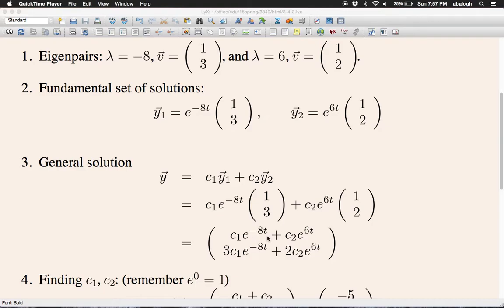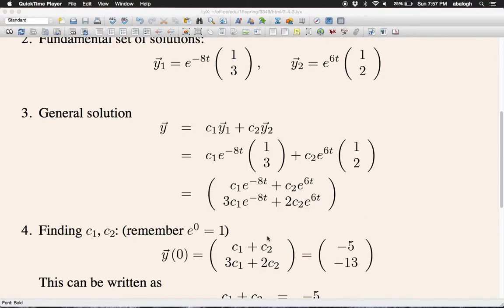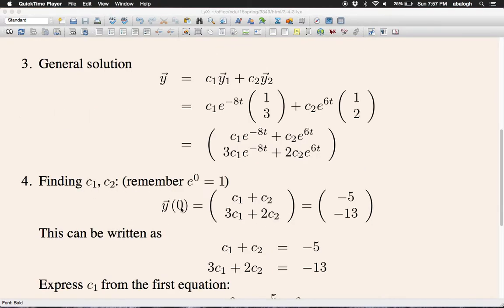This is an initial value problem, so we will also have to find appropriate values of c1 and c2. The way we find it is exactly the same as we did for scalar differential equations: we substitute 0 into this solution vector for time.